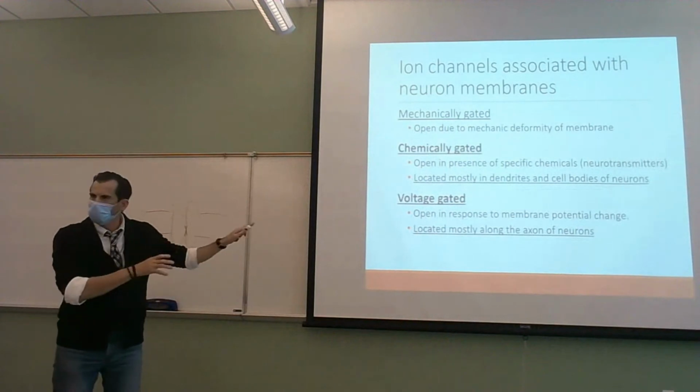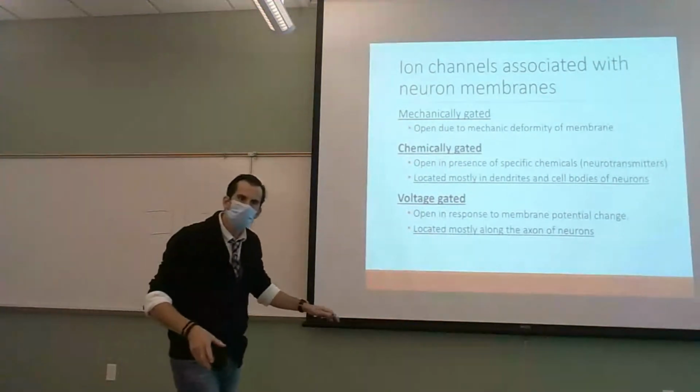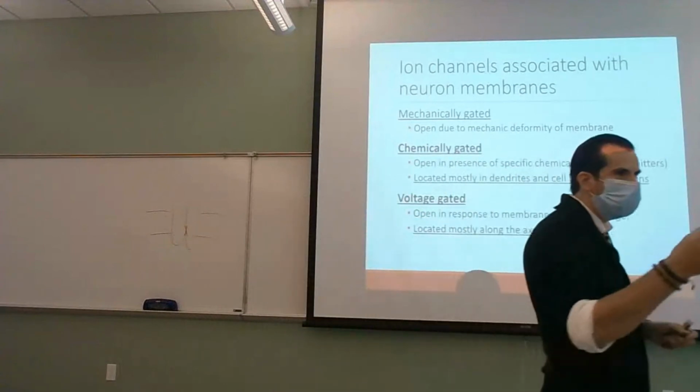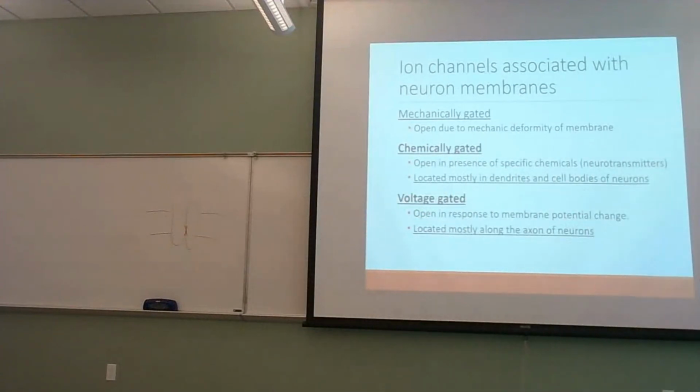Now granted, those are called voltage-gated channels, which we'll get to in a minute. But you mechanically deform them, and you open them up because of that physical deformation. What happens when you open up those channels? You get this zingy pins and needles sensation all the way down into the 4th and 5th digits, right? Every single time.